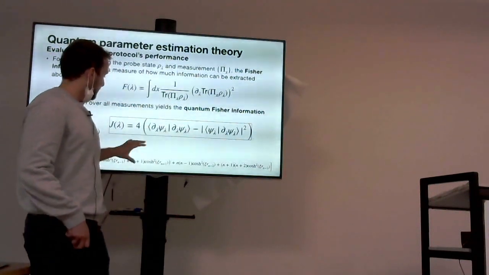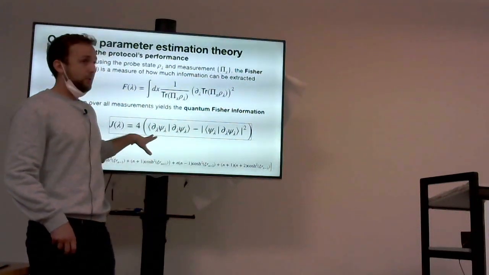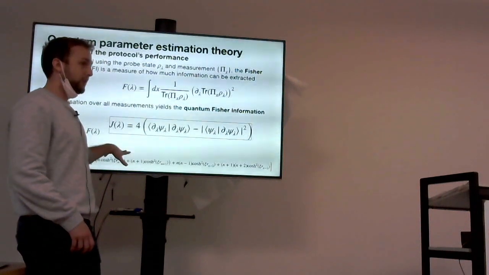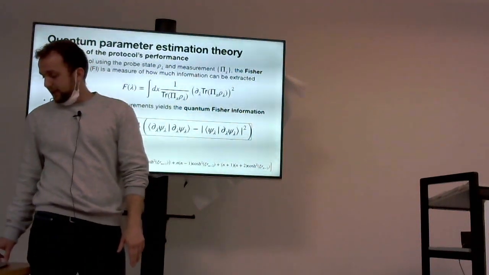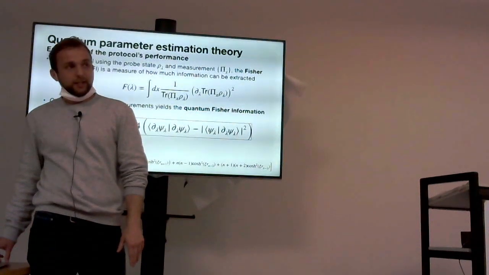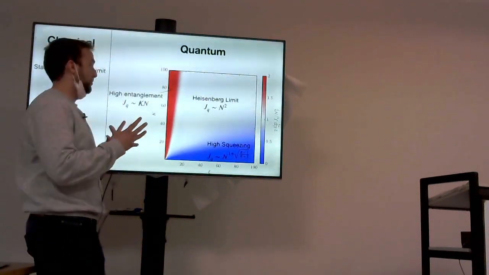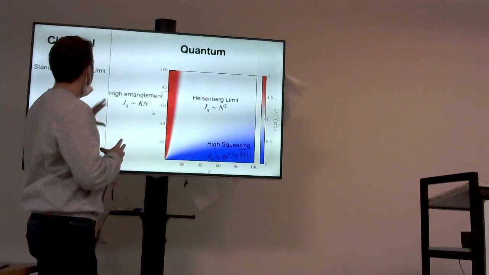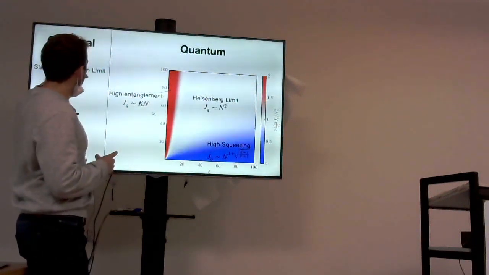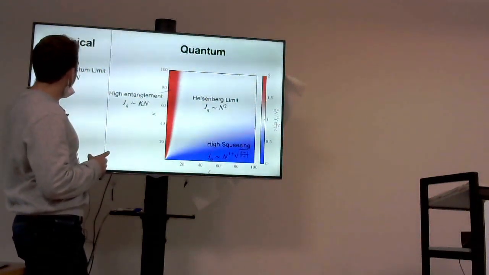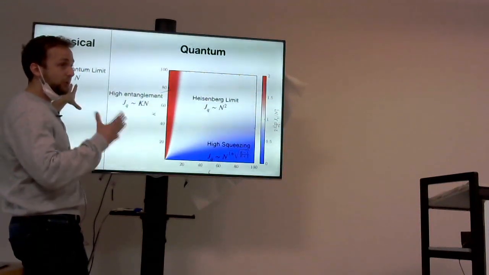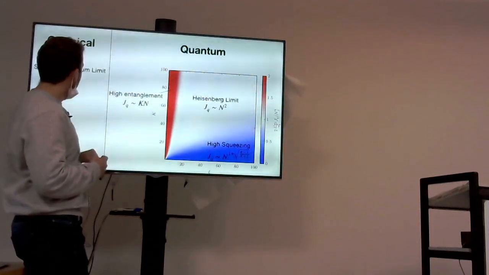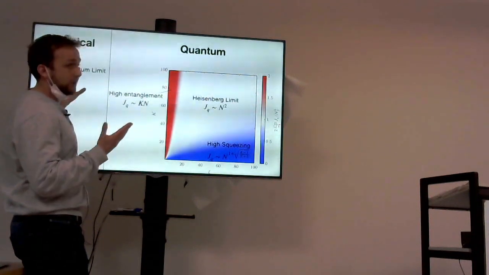This is the result of our calculation for the quantum state. And now we want to analyze this in different parameter regimes. First of all, the classical strategy, that's pretty straightforward. We find that the quantum Fisher information is just proportional to the number of photons. And this is called the standard quantum limit.